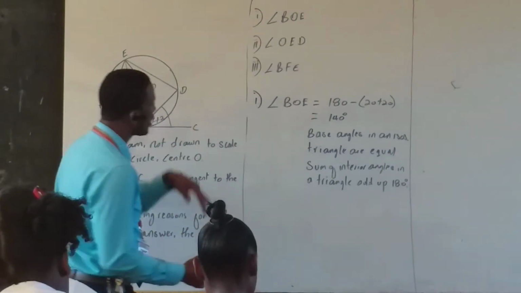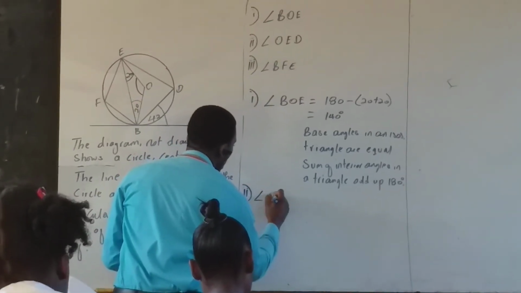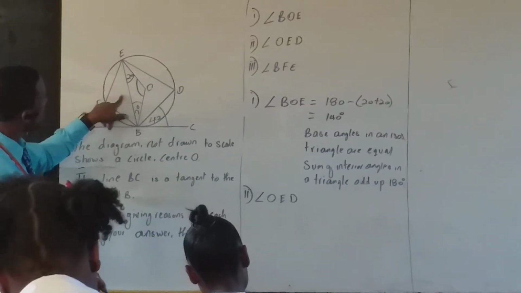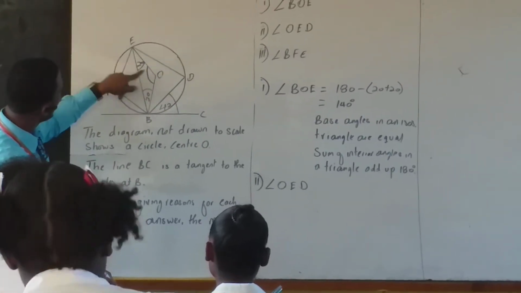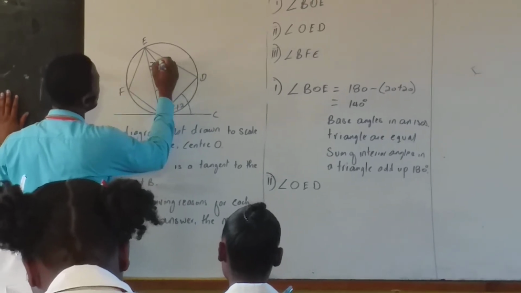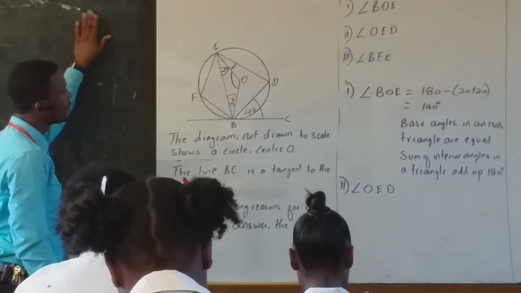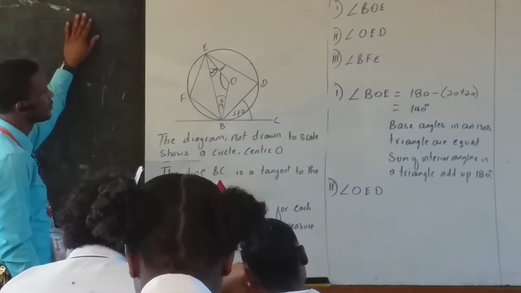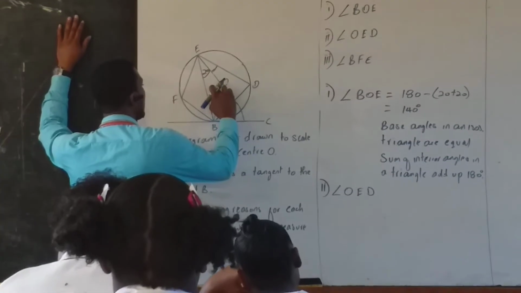Let's now take a look at part 2 of the question. We're now looking at the angle that goes from O to E to D, which is this little piece right here.